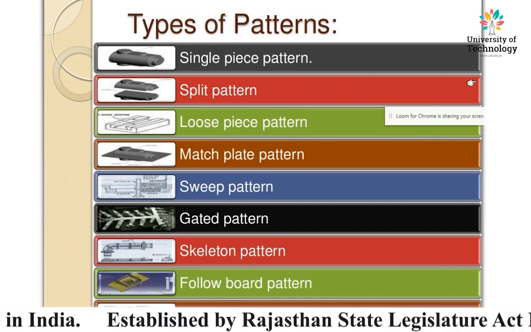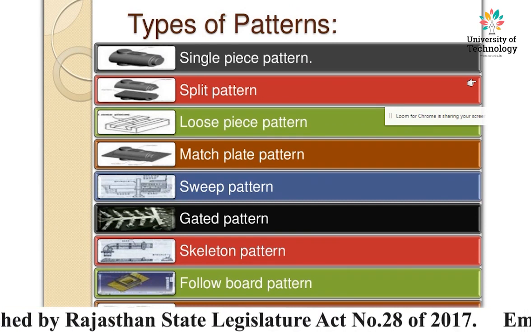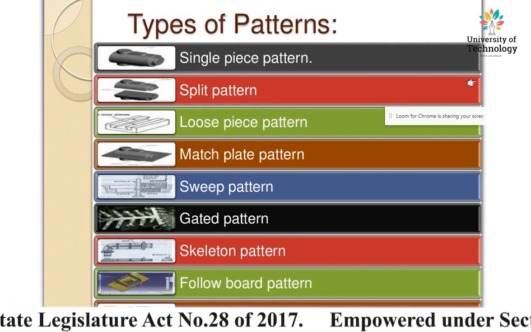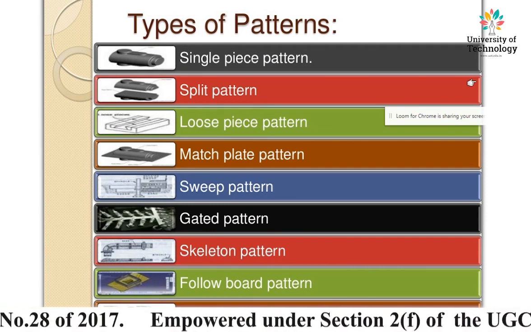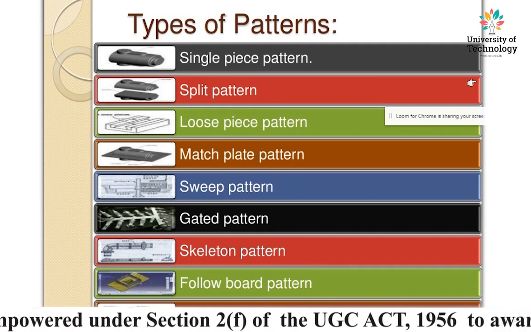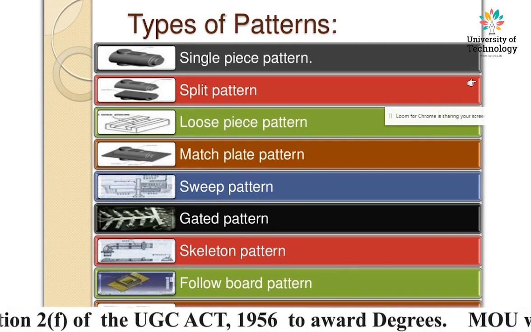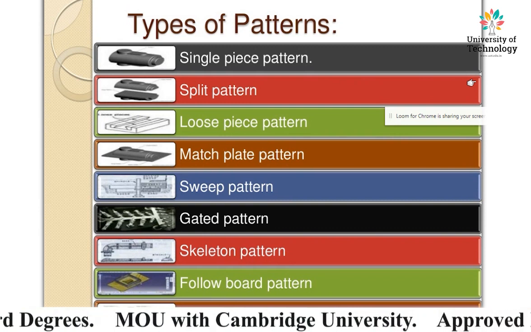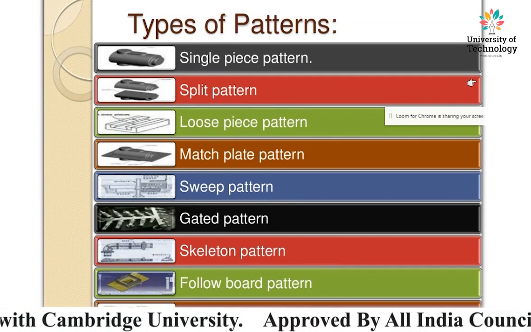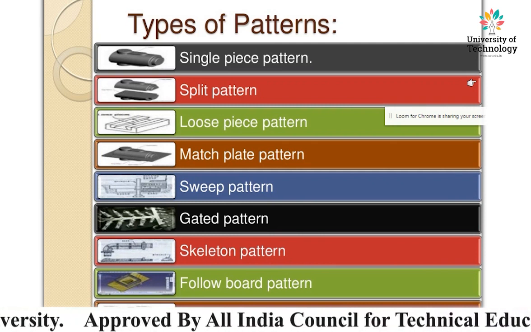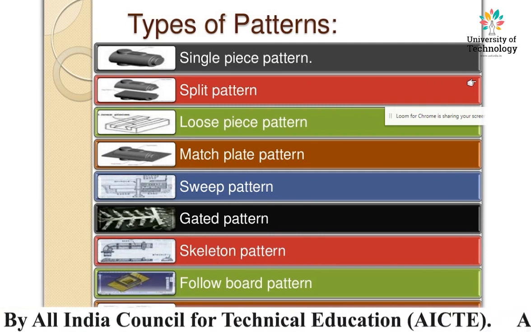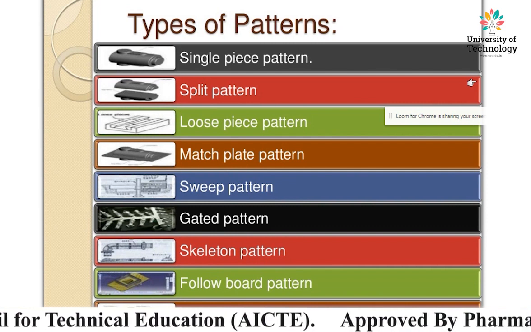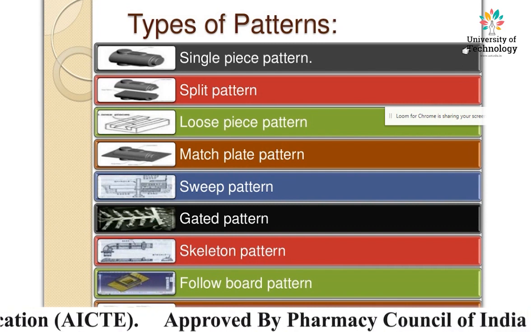Some basic types of patterns are single piece pattern, split pattern, loose piece pattern, match plate pattern, sweep pattern, gated pattern, skeleton pattern, hollow board pattern, and cope and drag pattern. These are all names of the types of patterns, and the choice depends on the particular casting process.